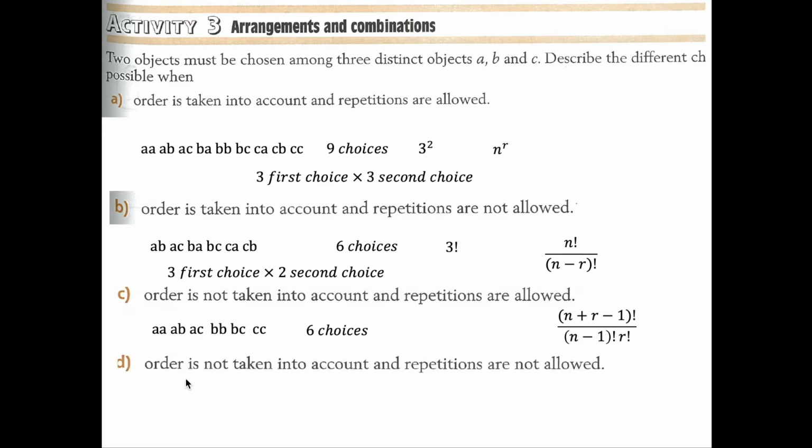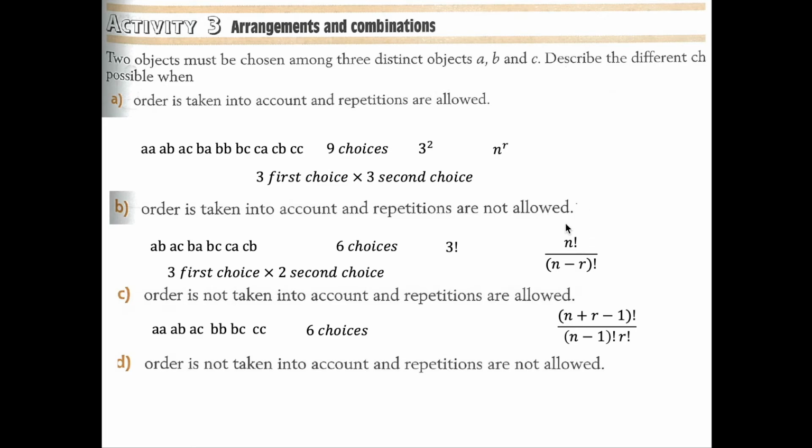D, order is not taken into account and repetitions are not allowed. This looks kind of like this, but then we're saying because the order matters, the number of ways of writing them needs to be reduced to 1. So if we're taking 2, we have 2 choices.